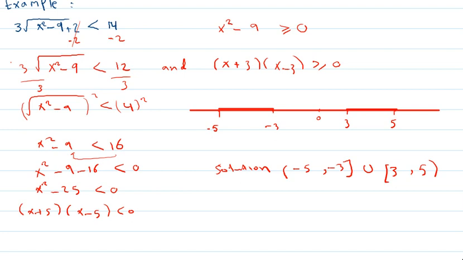And if we take a number greater than 5, for example 6, 6 squared is 36, 36 minus 9 under the square root gives the square root of 27, which is greater than 4, so it can't solve this inequality. So the interval applicable for both inequalities is minus 5 to minus 3 and 3 to 5.